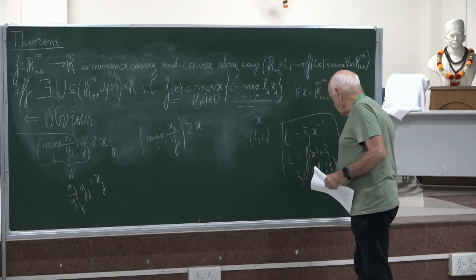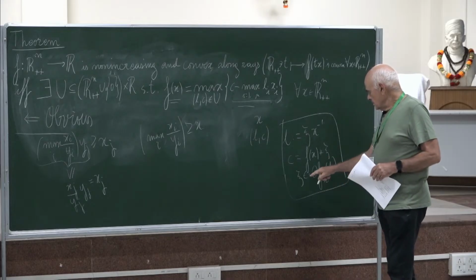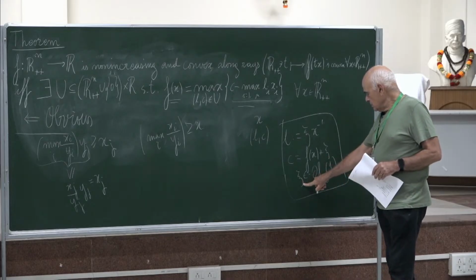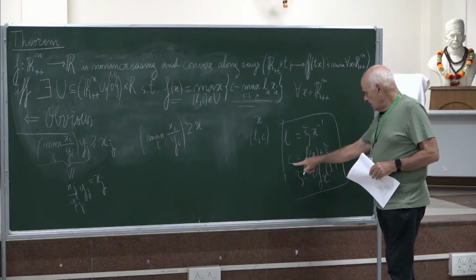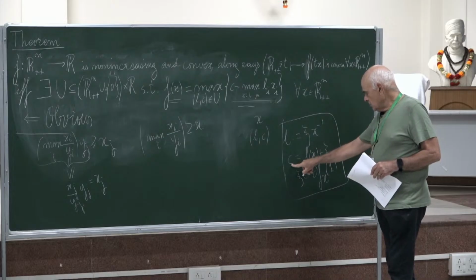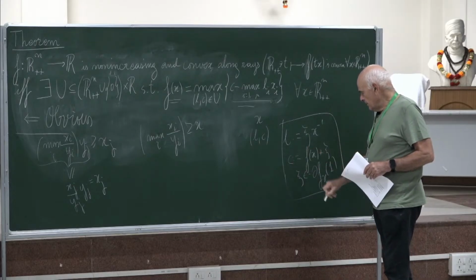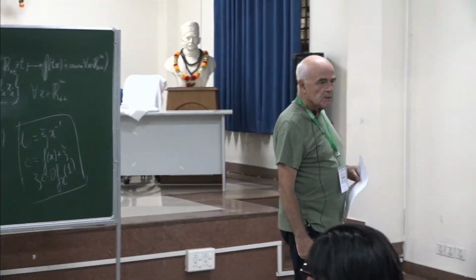So when you make this choice, you choose C in this set, and then this is L, and then you have this C, then you have equality. So the result is proved.